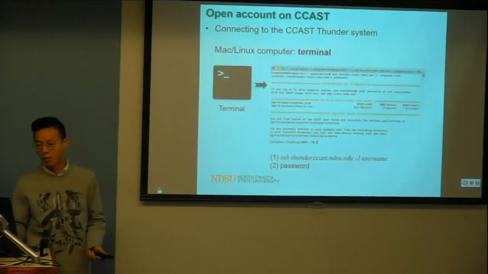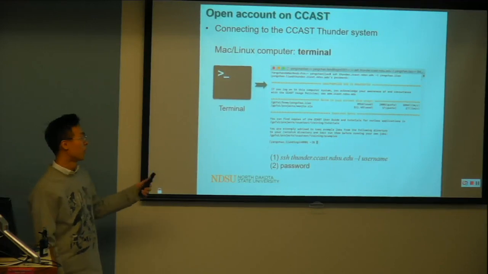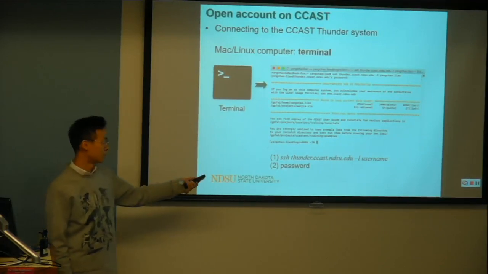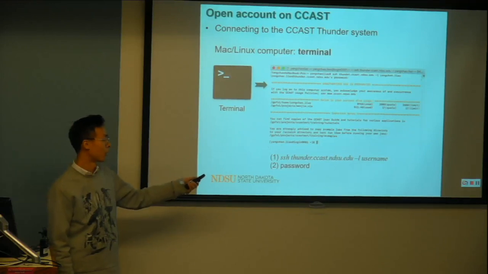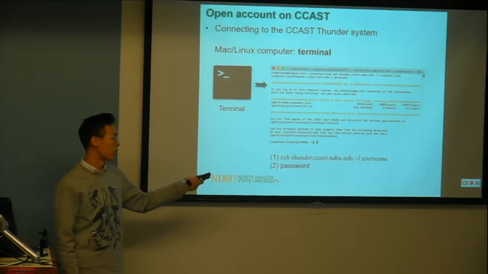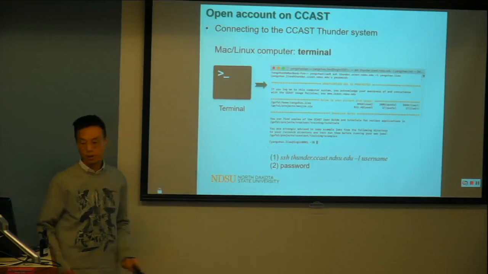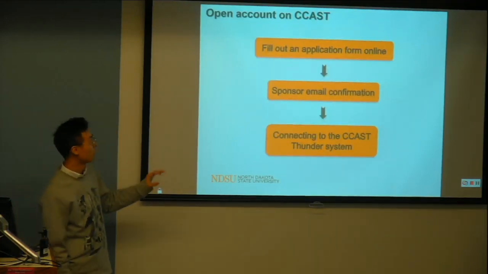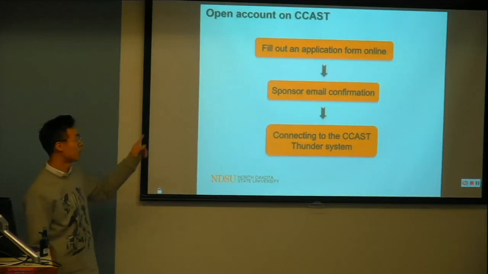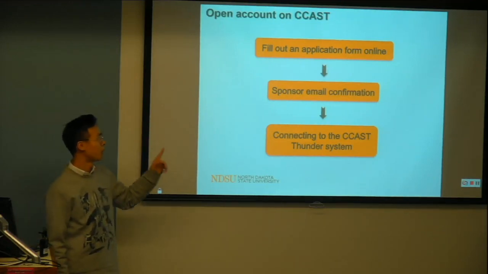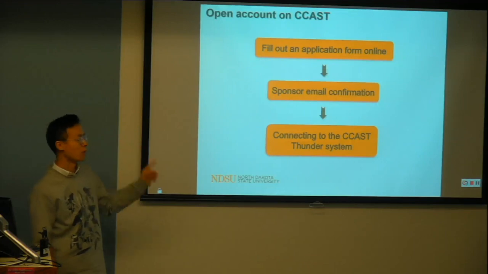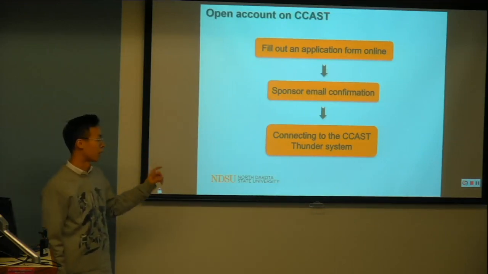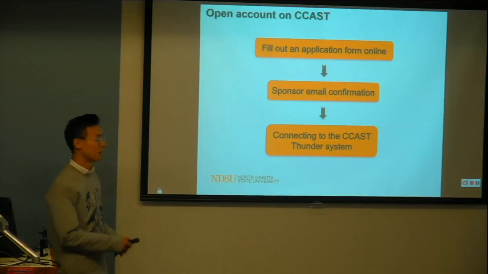For a Mac or Linux computer, you just need to open your terminal and enter the following code, including the host name and also your username and password. So in conclusion, there are three main steps. First step is to fill out an application form online, second is to wait for your sponsor to approve your application, and the third is to connect to the CCAS server system.